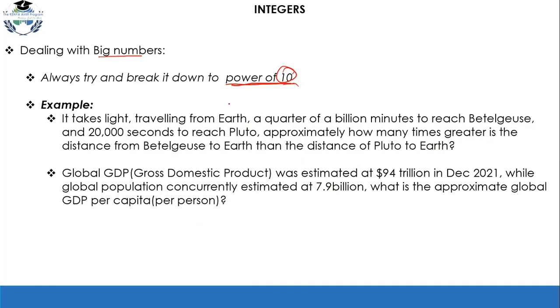Break it down to a power of 10. Once I see 3 or 4 answers, we can do it together.